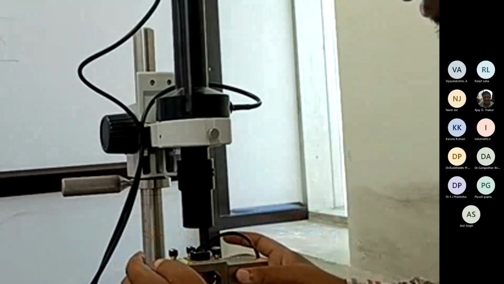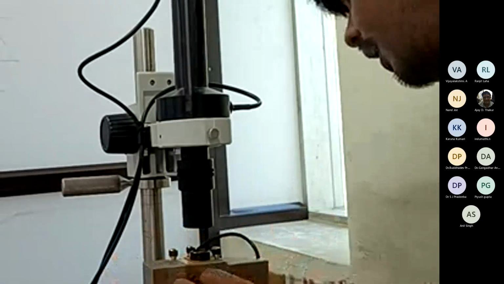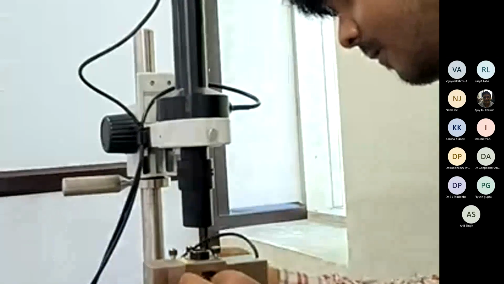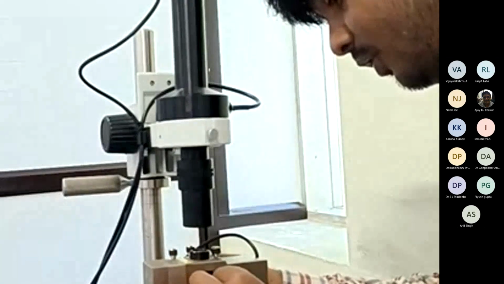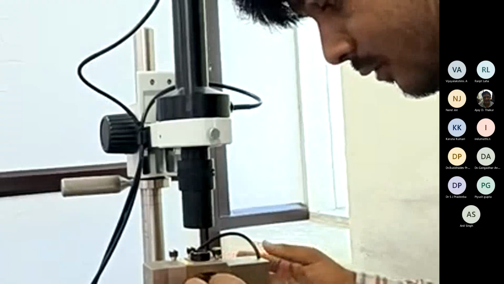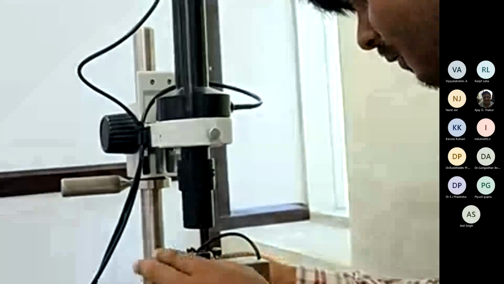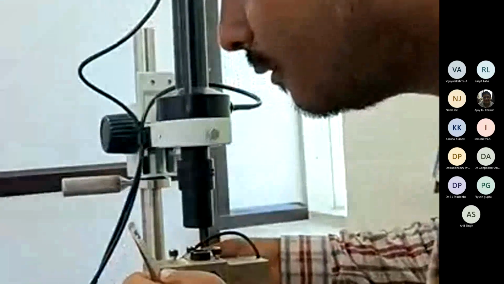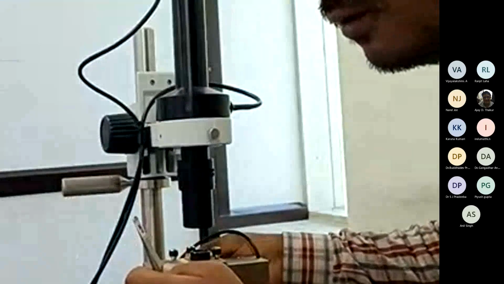This is our scanner head, and this is the cantilever holder or tip holder.